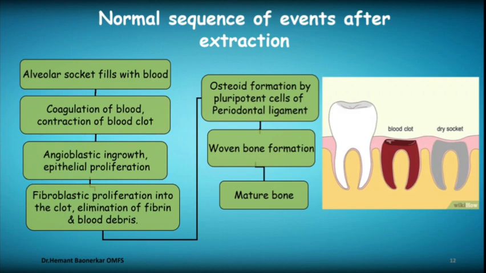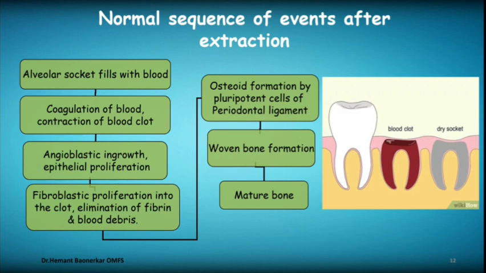Let us see what is the normal sequence of events after extraction. As we know, after extraction, the extraction site is filled with blood, and coagulation of blood and contraction of blood clots happen. Because of this, epithelial proliferation happens.